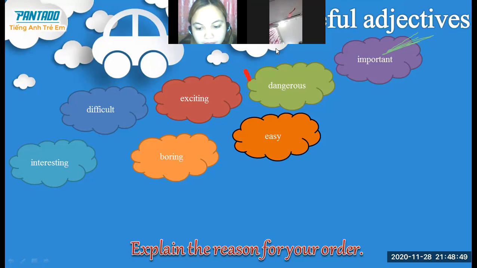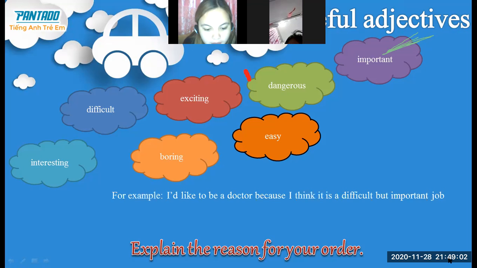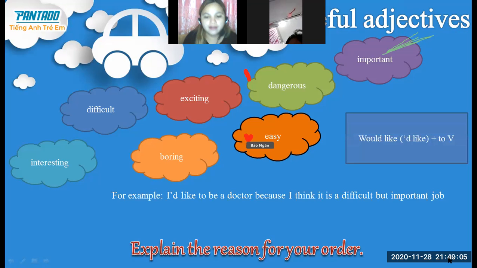Difficult, exciting, dangerous, important, interesting, boring, and easy. Okay, so now Anne, you have to make a sentence and then you choose the words that you're going to use from the words above, okay? So example, I'd like to be a doctor because I think it's a difficult but important job, okay?